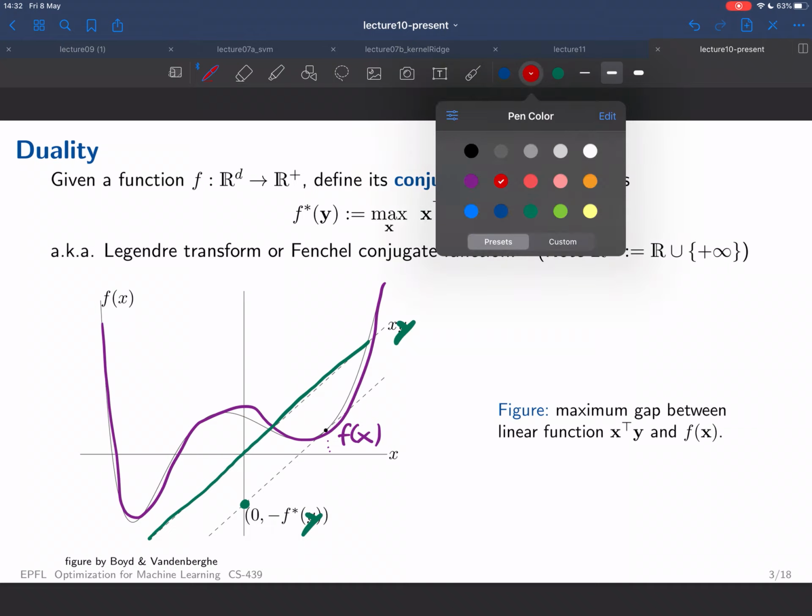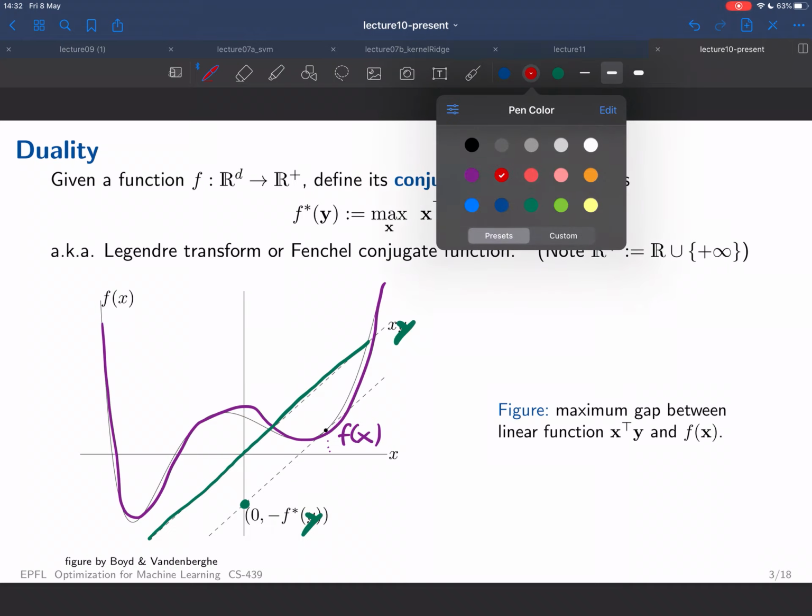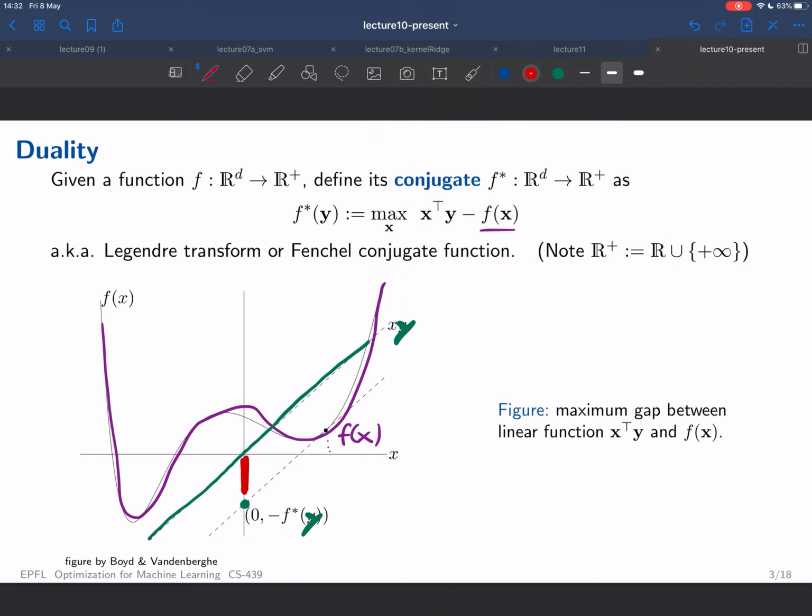Again, y is the slope of this green line. So this thing here, trying to visualize it, this is the length of that thing, that is f star of y.